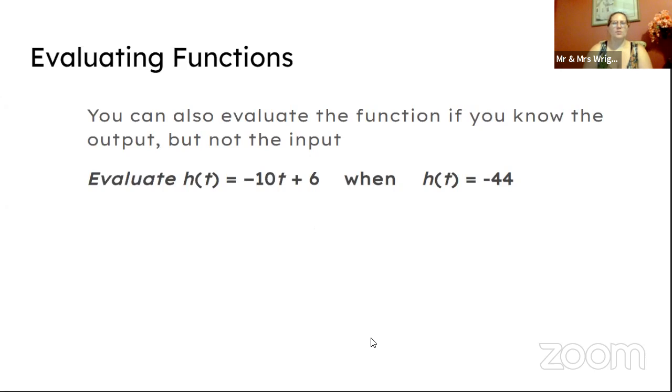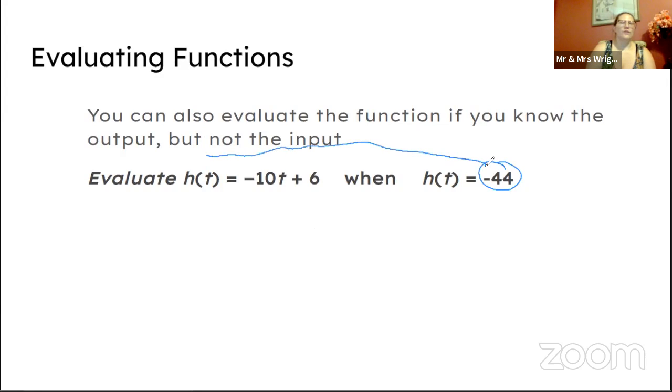So in this case, what you do is you replace the h of t here with -44. So I'm going to rewrite this. -44 equals -10t plus 6.